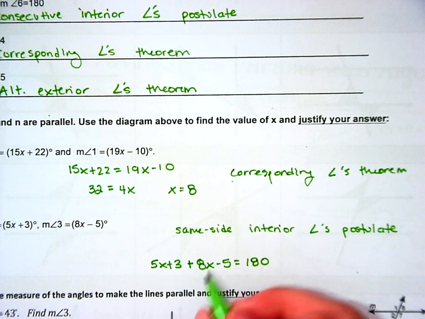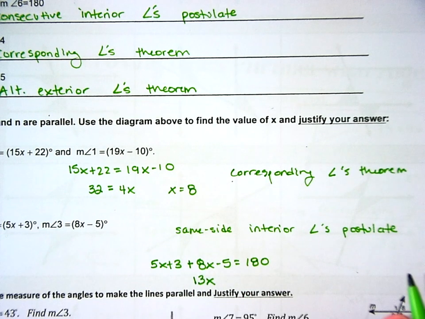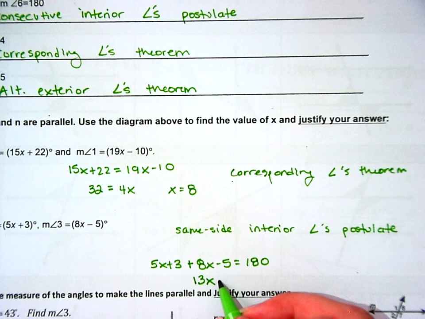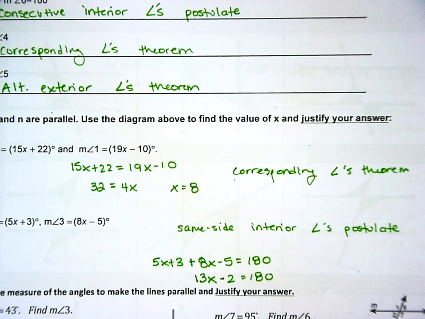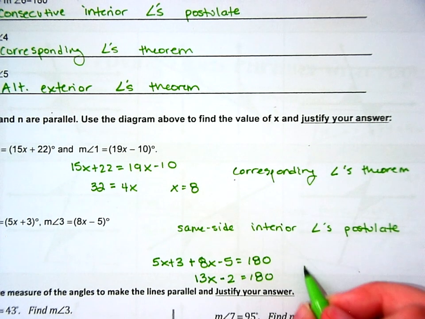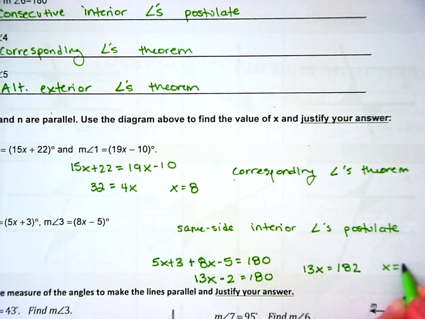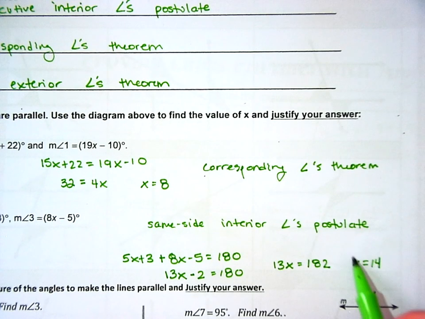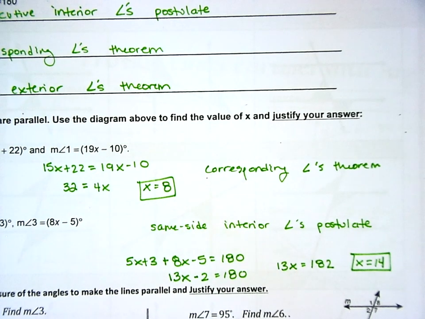So over here I have 13x, and then we've got negative 2. All right, and then we're going to add 2, so I've got 13x equals 182, and if I divide 182 by 13, then x is 14. Just box my answers there.